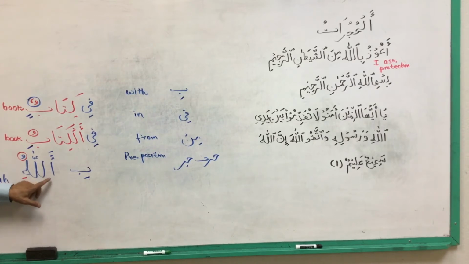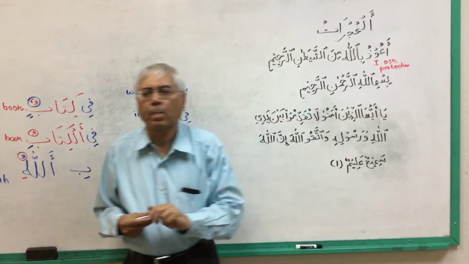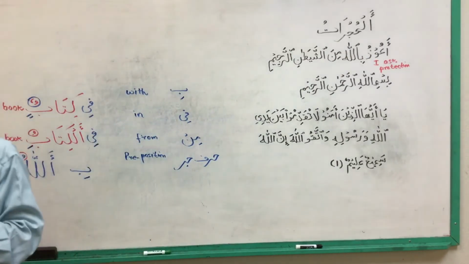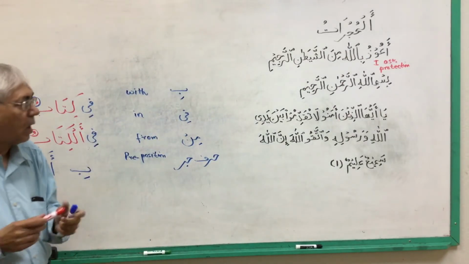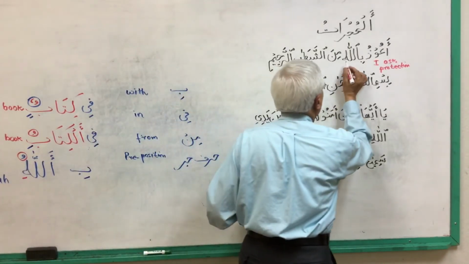And you can notice that the way I have written it there, this Hamza and Fatah is changed now into a small swad there. So Billahi means with Allah. I seek protection with Allah.